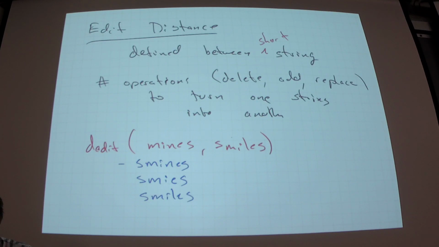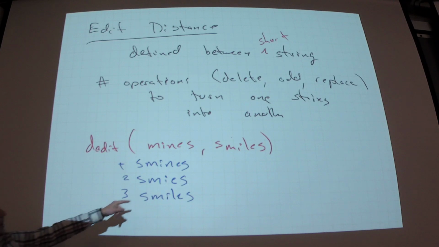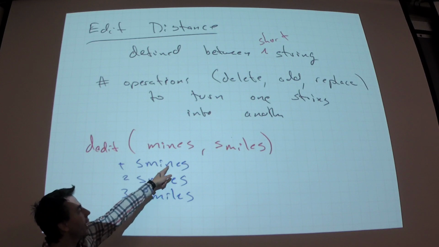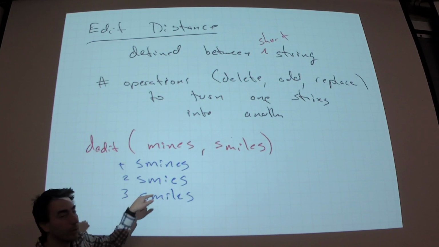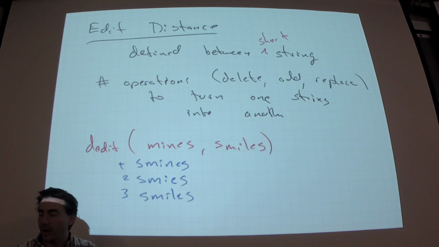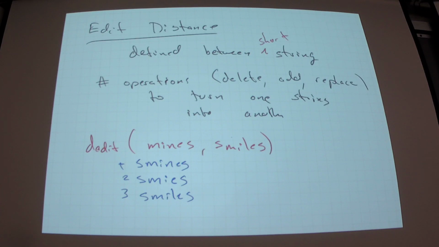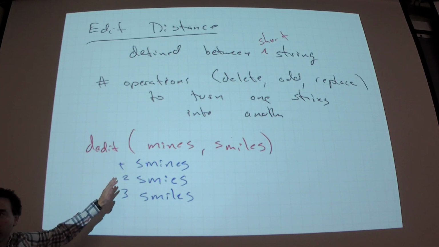So this is 1, 2, 3, so it's 3 steps here. After I had smiles, I could have done a replace where I replaced the N with an L, and then it would have only been 2 steps. Sometimes you're allowed to do replace, sometimes you can just add and delete, and the distance is slightly different. Maybe I could say the cost of doing a replace is like 1.5 times the cost of doing either an add or delete. This is basically how it works.